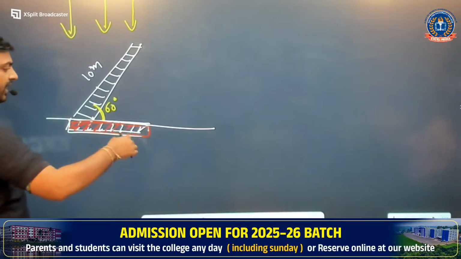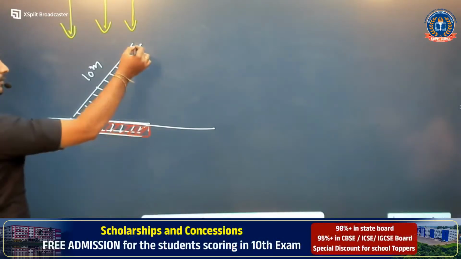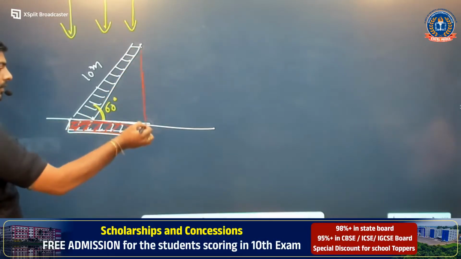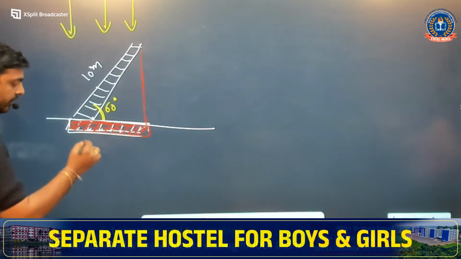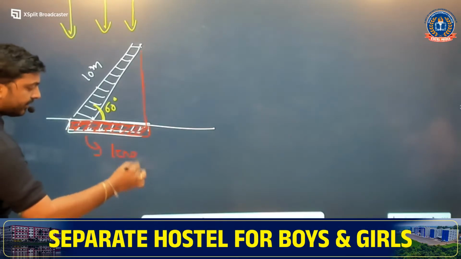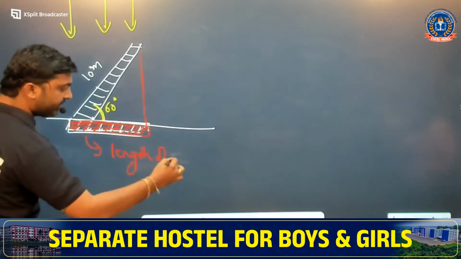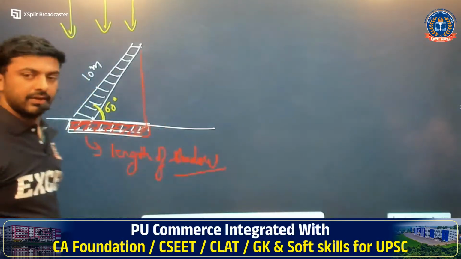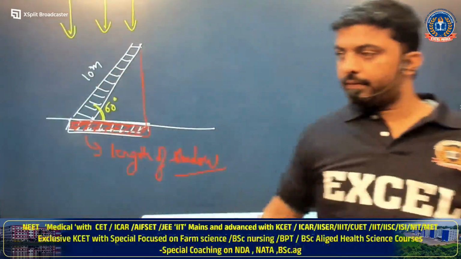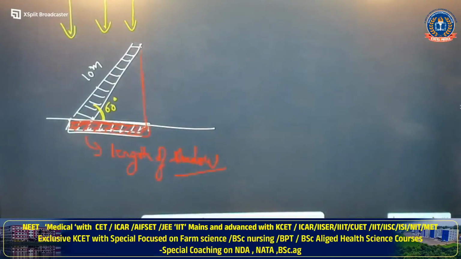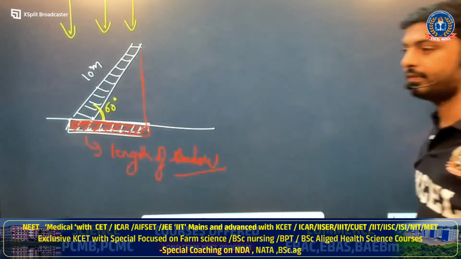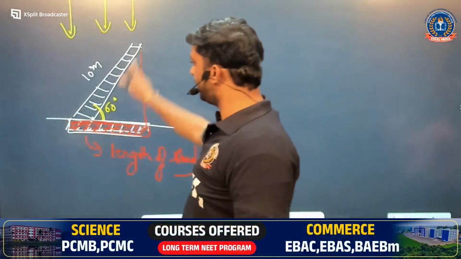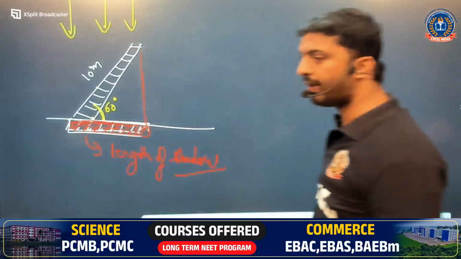The shadow comes in this region, right? Find the length of shadow. How can I do this? This is 10 meter, we have to calculate the length of the shadow.